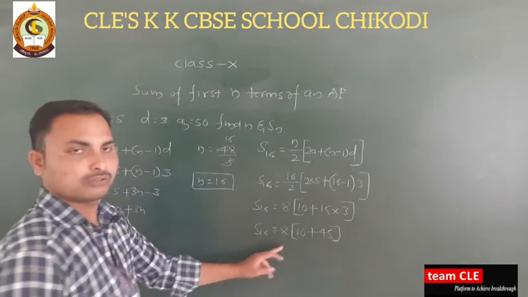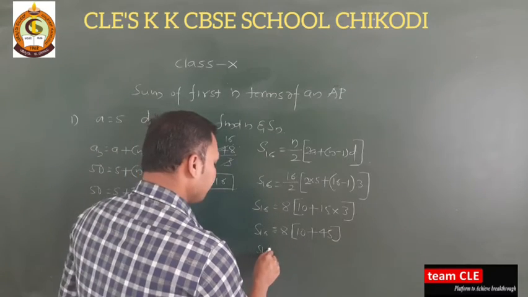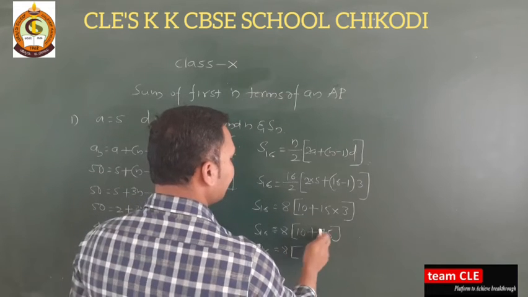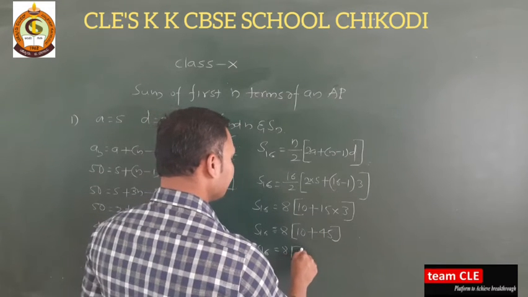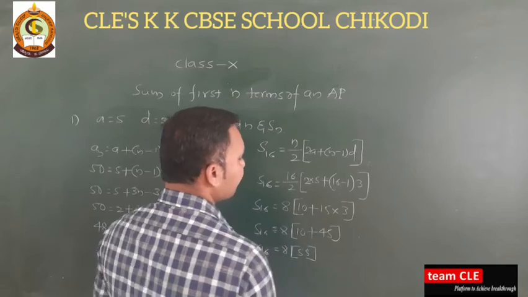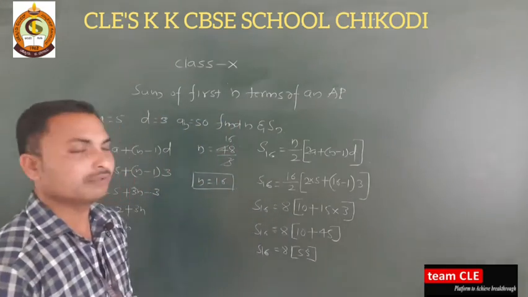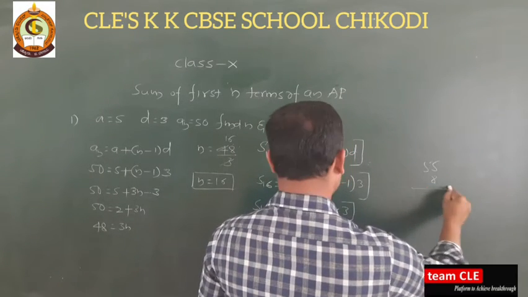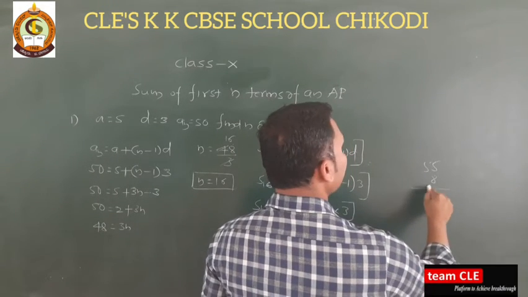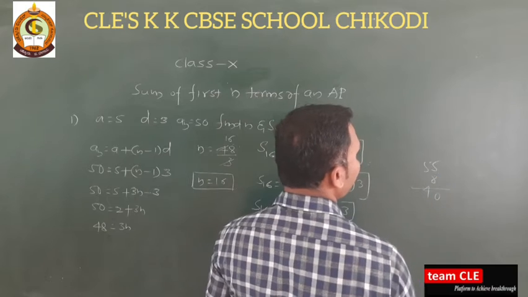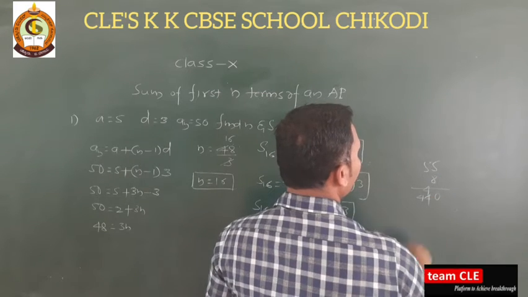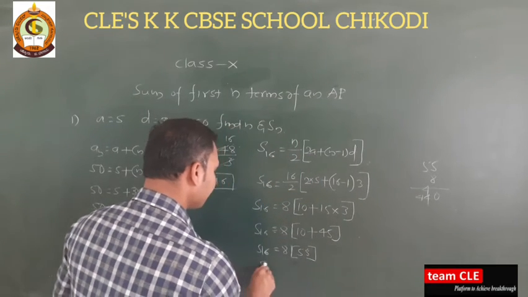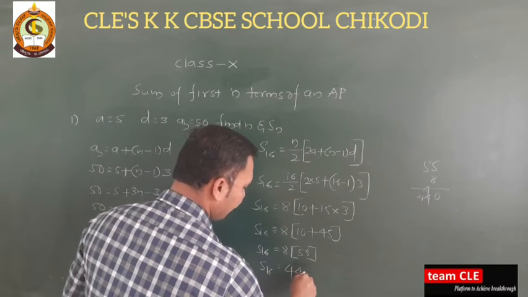I will keep the 8 as it is. Now 10 plus 45 you will get 55. Now 55 into 8 we need to do: 8 fives are 40, again 8 fives are 40, and 4 is 44. So S of 16 is equal to 440.